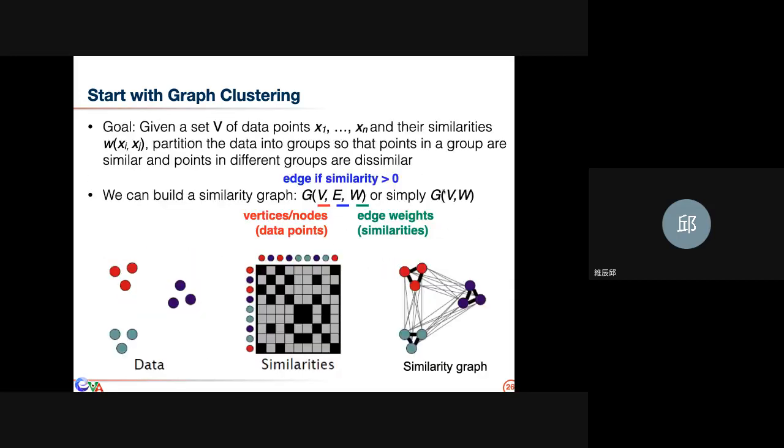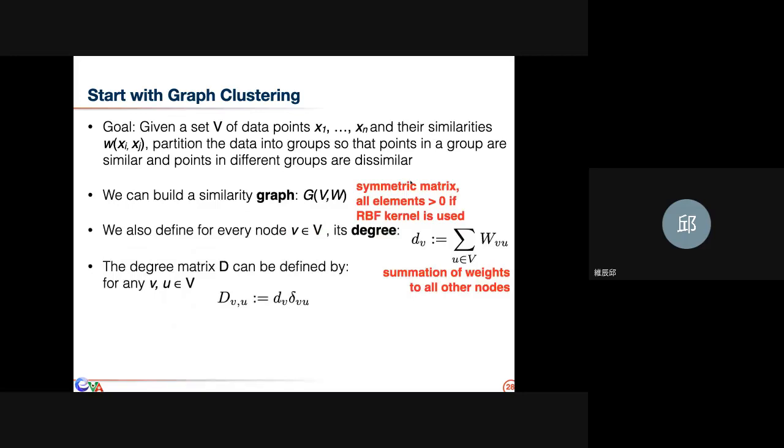This is easy to understand, because the similarity matrix defines the pairwise similarity. You can see that each row and each column make this matrix symmetric. And all the elements are bigger than 0 if the RBF kernel is used.